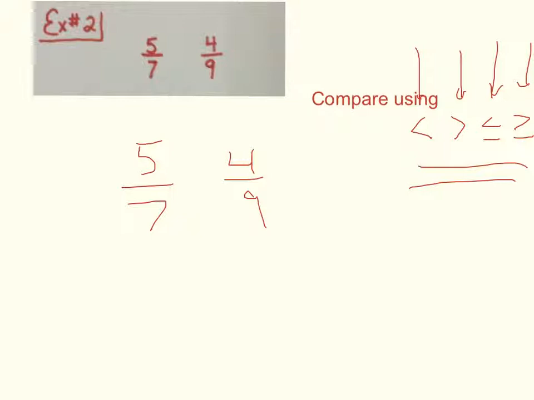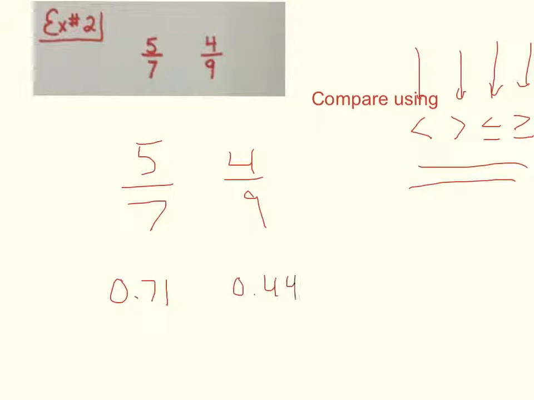I'll show you both ways. Now, you can't see my calculator, but what I'm doing is taking 5 and dividing it by 7 to get a decimal. That's 0.71. So I'll put that right here, 0.71. And then I do 4 divided by 9 on my calculator, and I get 0.44.